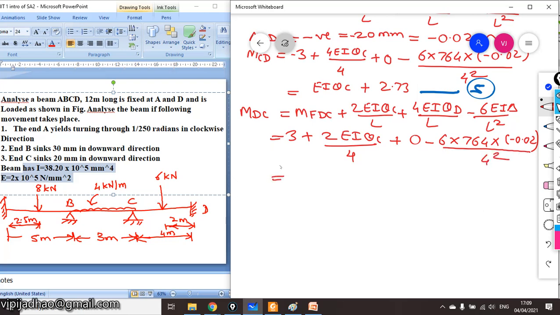So this MDC will become 0.5 EI theta C, and the 3 minus 6 EI delta upon L square term will become plus 8.73. This is your equation number 6.